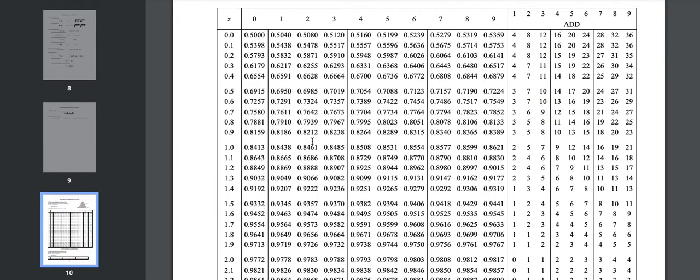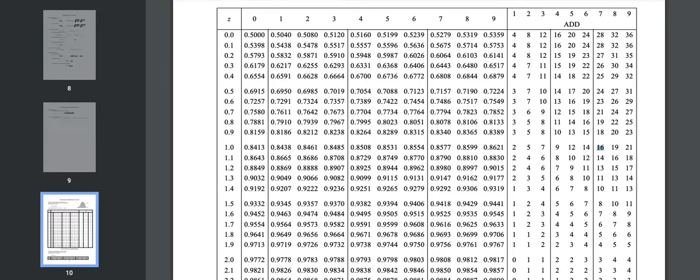For 1.0974, I look up 1.09 and then 1.097. So it should be 0.8621 plus 0.0016, which is 0.8637.